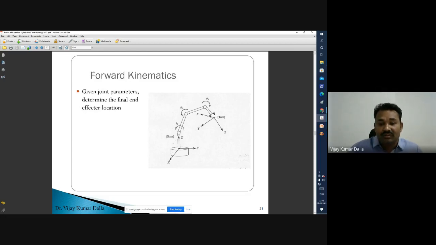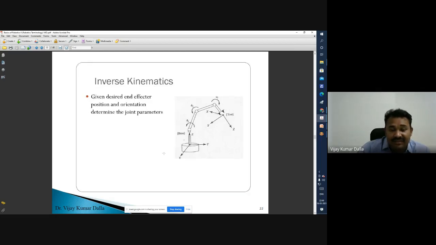Suppose we want to know the position with respect to the base for the given angles theta 1, theta 2, theta 3. So for the given joint variables, what will be the values of x, y, z? It is known as forward kinematics.